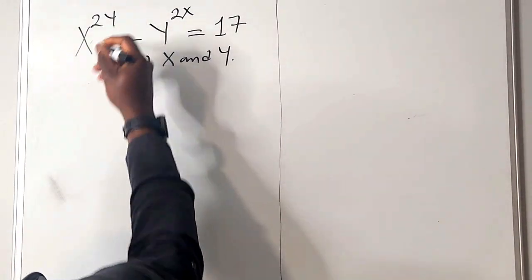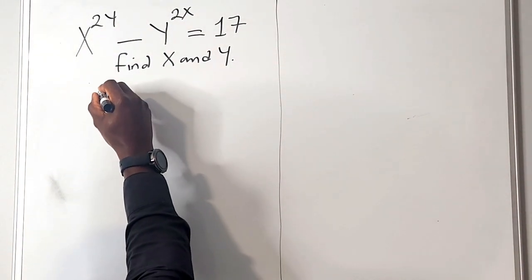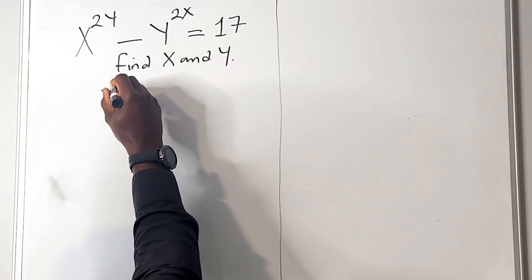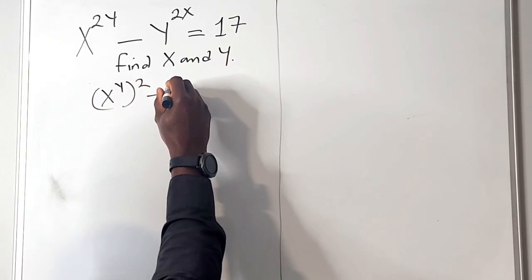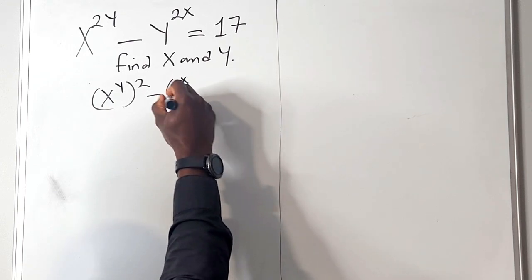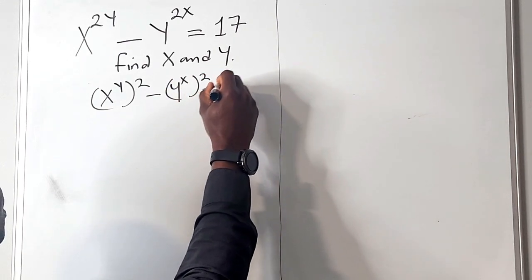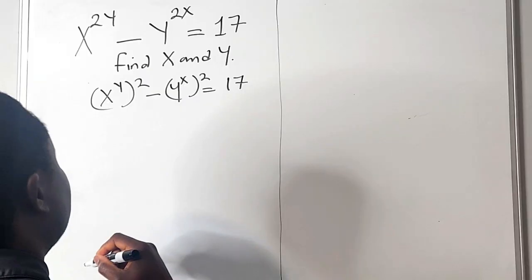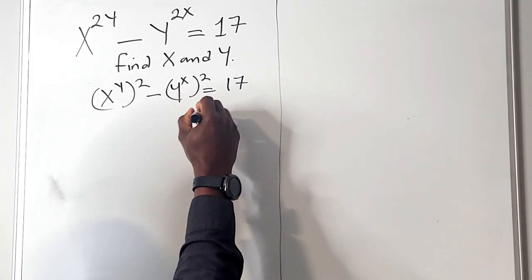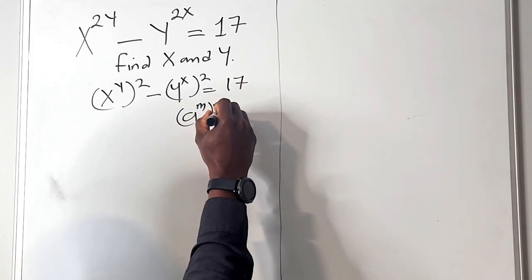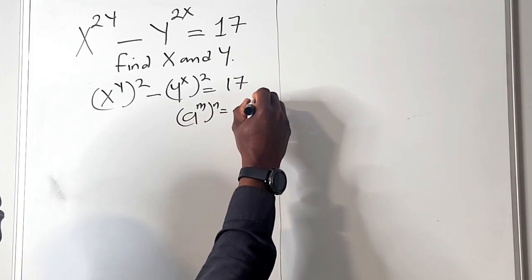So we'll rewrite this as x raised to the power y, squared, minus y raised to the power x, squared, equals 17. Because we know that a raised to the power mn is equal to a raised to the power m, raised to the power n.